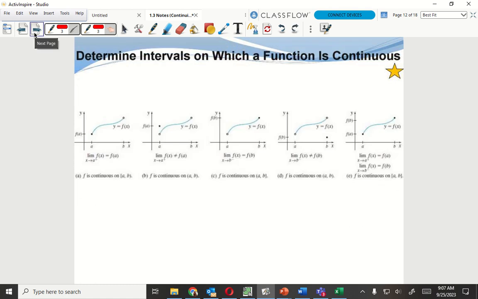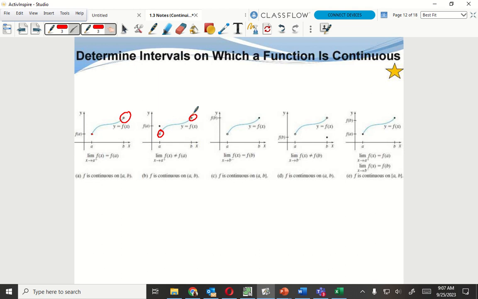Here are examples with pictures. I really wish I could make the picture a little bit better, but I apologize. Here is continuous on A to B, so that means it's a closed dot here, open dot here. This one is open, open.